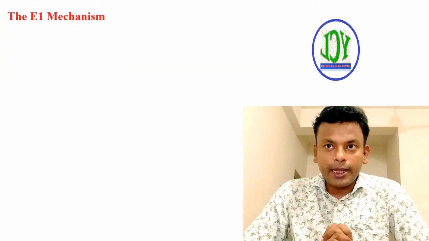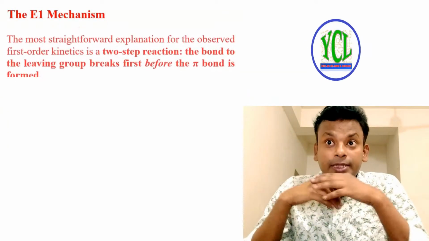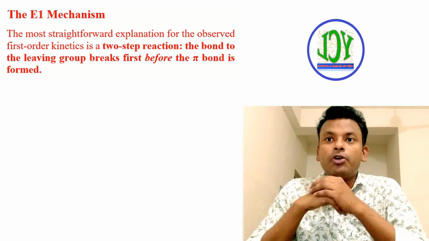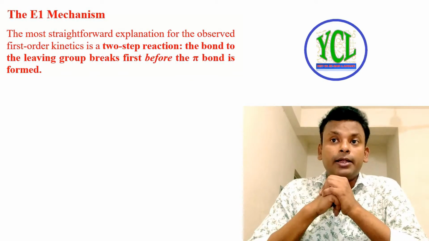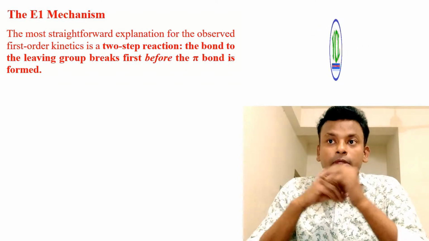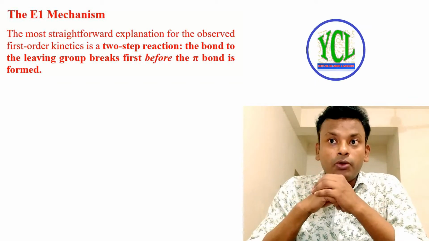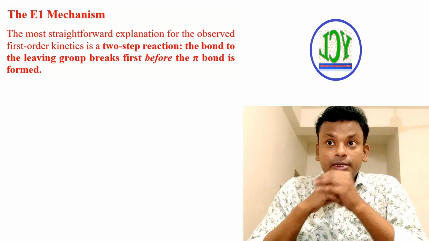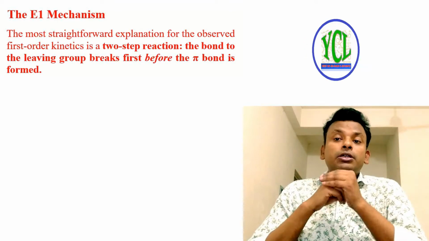The most straightforward explanation for the observed first order kinetics in the E1 mechanism is a two-step reaction. The bond to the leaving group breaks first, before the pi bond is formed.